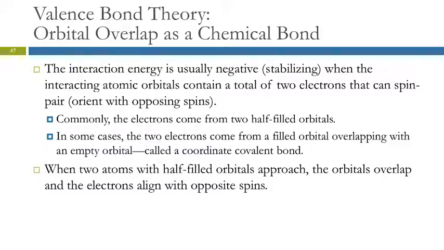They would each have a half-filled orbital. Those half-filled orbitals will overlap, and then the electrons can pair. But sometimes, it's called a coordinate covalent bond, an atom will use a full orbital, a filled orbital, and overlap with an empty orbital on another atom, and they can form a bond that way as well. That's much less common.